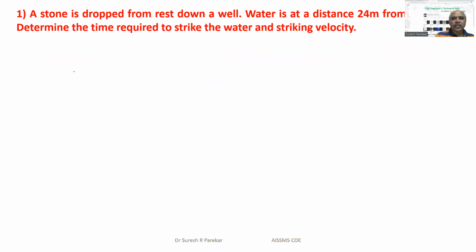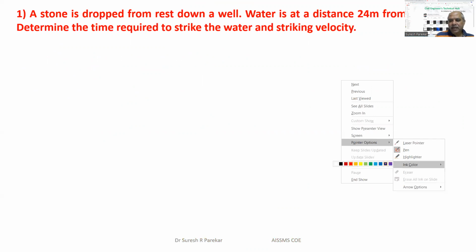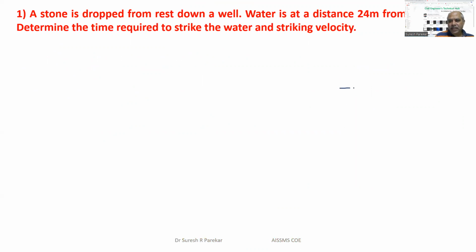Now we have a stone dropped from rest down a well. So now we can draw the diagram. In the last problems on constant acceleration, we saw that if we draw the diagram, the problem becomes easy.